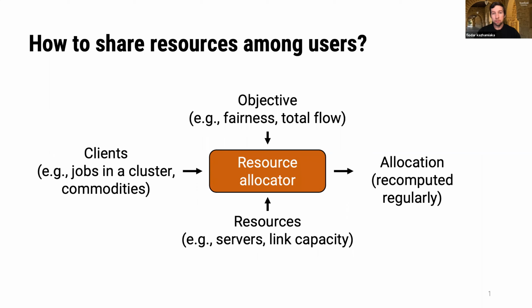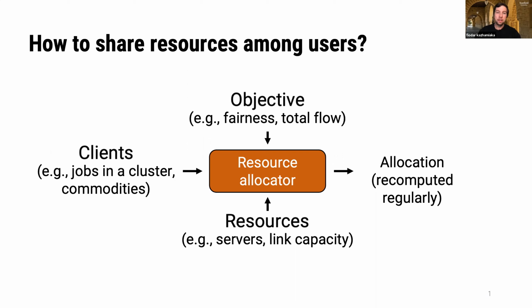In today's large systems, resource allocation plays an important role in overall system efficiency. Resource managers allocate system resources, for example, servers in a data center, to clients or users of the system, with an objective in mind, whether it's fairness among clients or maximizing the global utilization of the system.